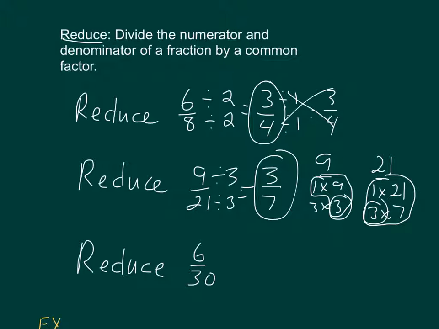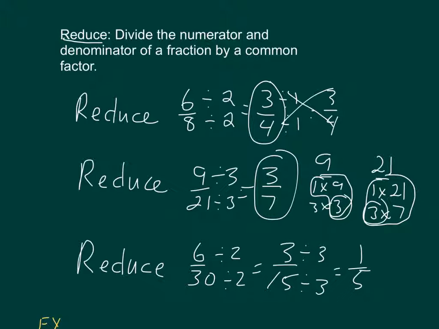Now let's reduce 6/30. You can see they're both even, so a good first step would be to divide them both by 2, and that gives me 3/15. I'm going to check to see if I can keep going. I can, because there's still a common factor of 3. I can divide these each by 3 and get 1/5.